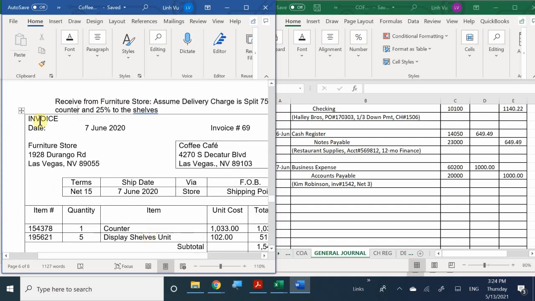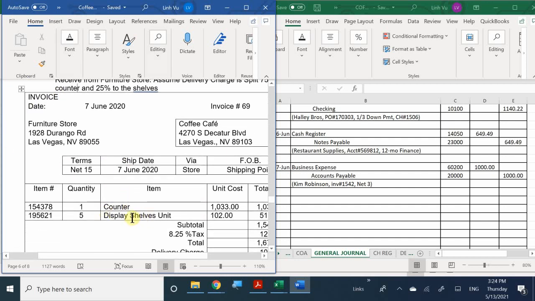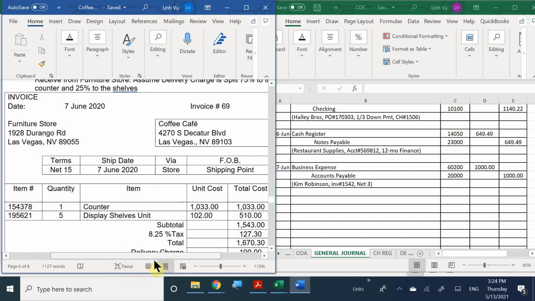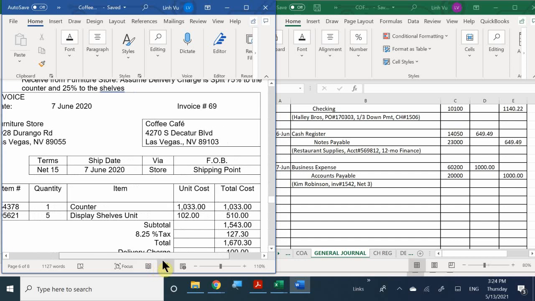And here's our information, invoice number 69. Here is the quote that we received. The counter cost us 1,033. The shelves cost us 102 per shelf times 5 gives us 510, giving us a grand subtotal of 1,543.